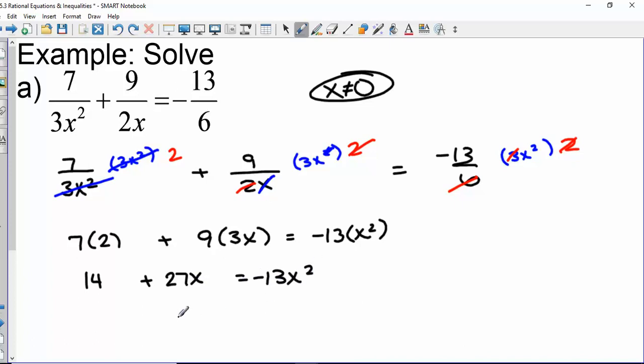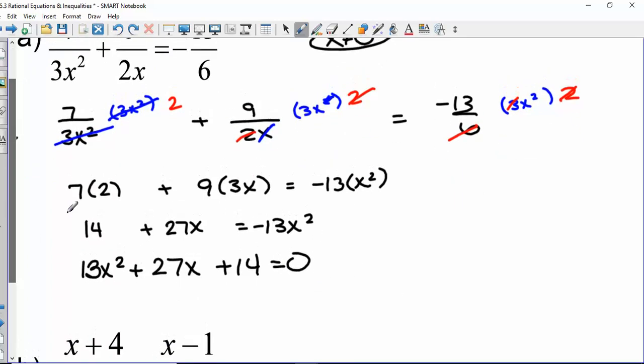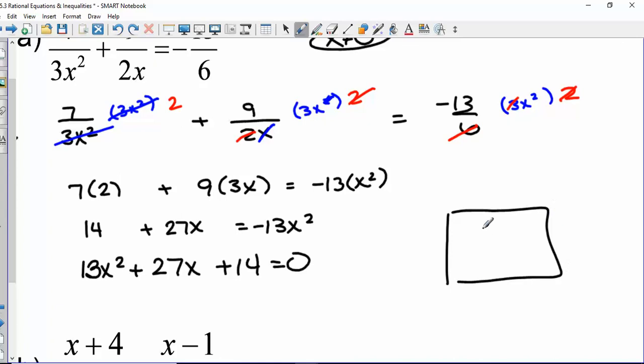This is a quadratic, so what should I do to that? Right, add that 13x squared over, and then we can do box method. Maybe not the nicest, but we can handle it.